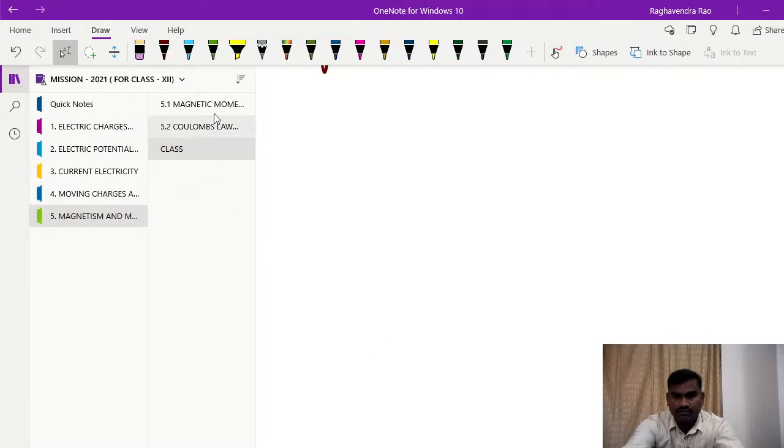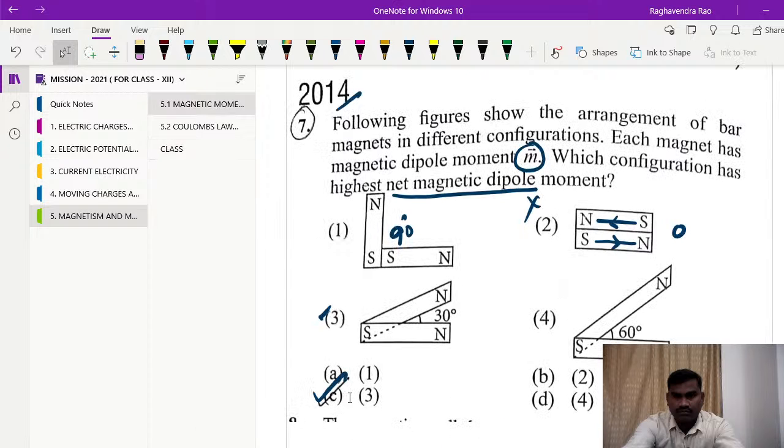Now we will see some numericals on magnetic moment. This we already discussed. This is south to north like this, south to north like this, angle is 90 degree. South to north, angle is 180, magnetic moment is 0. This is 30.